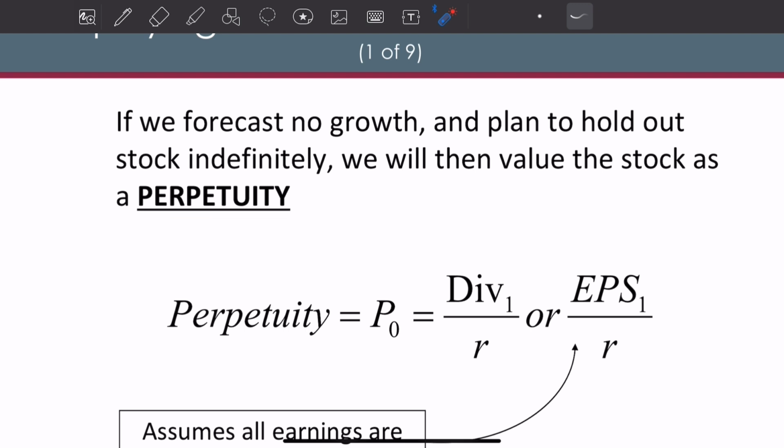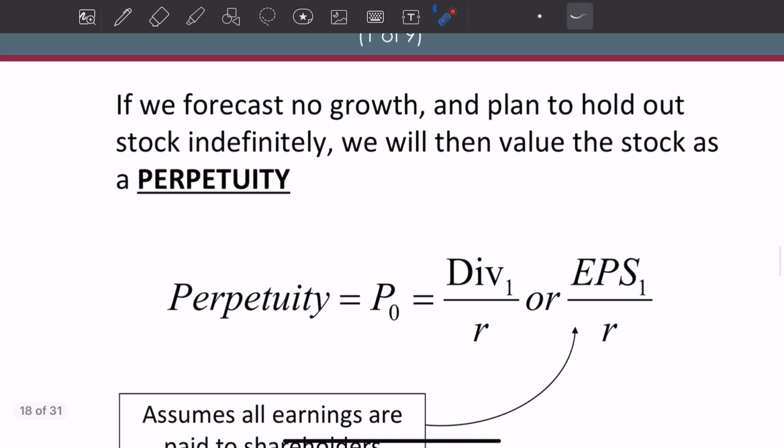So if the dividends of the stock are fixed, or we expect them to be fixed in dollar terms, then we can calculate it using this special case formula, where the price of the stock today is going to equal the expected dividend by the end of the year, divided by R, which is the required rate of return.